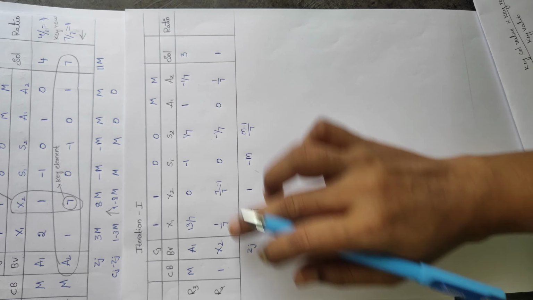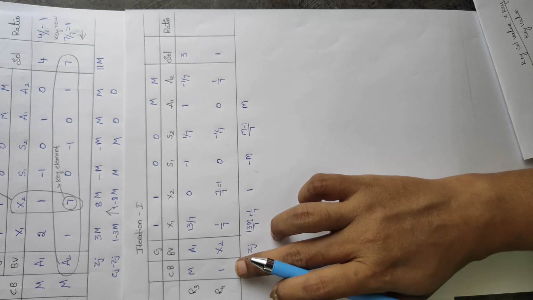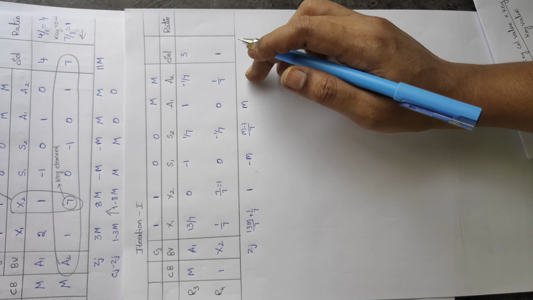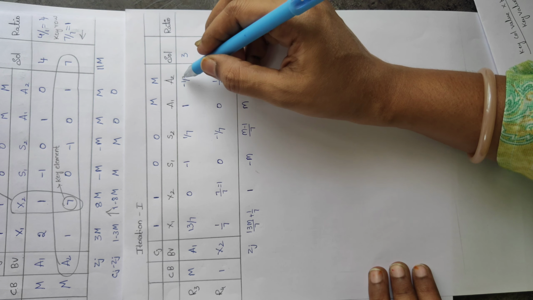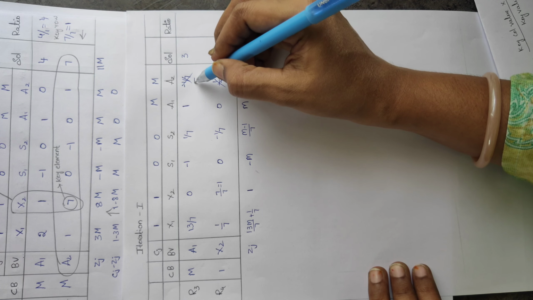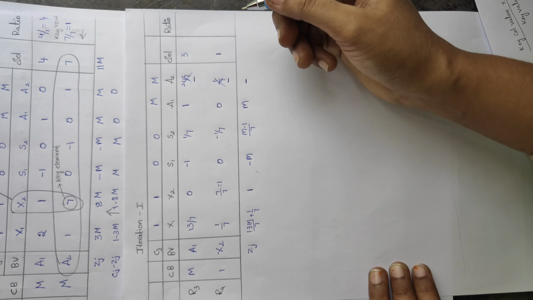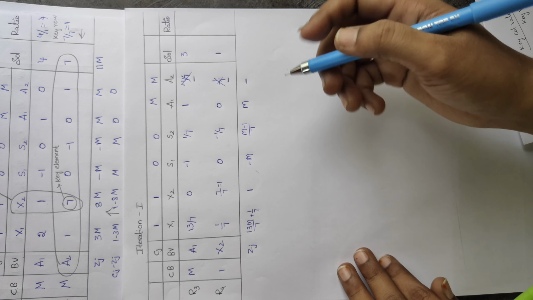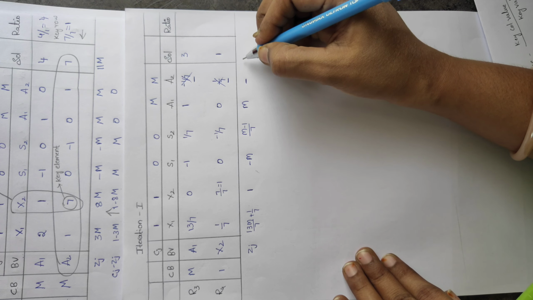M into 1 plus 1 into 0 gives m. M into minus 1 by 7 plus 1 into 1 by 7. Here we need not find the A2 values, simply we should strike it off. No need to find the A2 value. M into 3 plus 1 into 1, 3m.